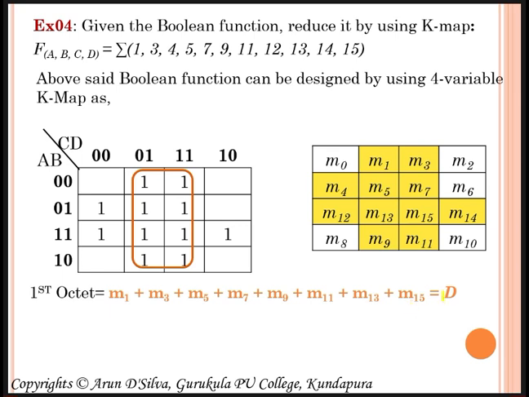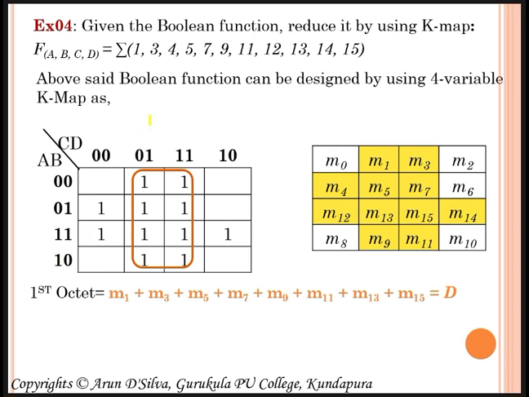Now how to write a reduced min term? As we have seen in the rule, the octet eliminates 3 variables, it retains only 1. We'll see. Now these all 8 min terms belong to all the 4 rows. That means A and B's value will change, so we cannot consider A and B variables.